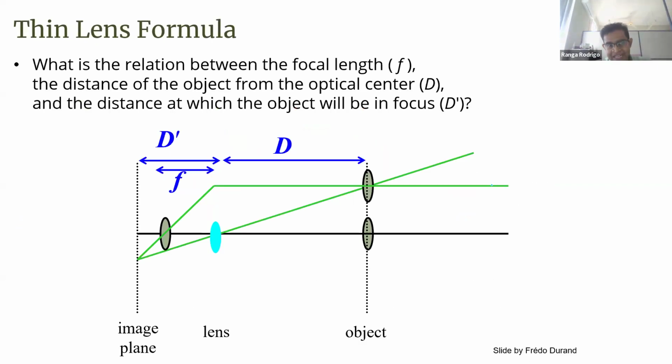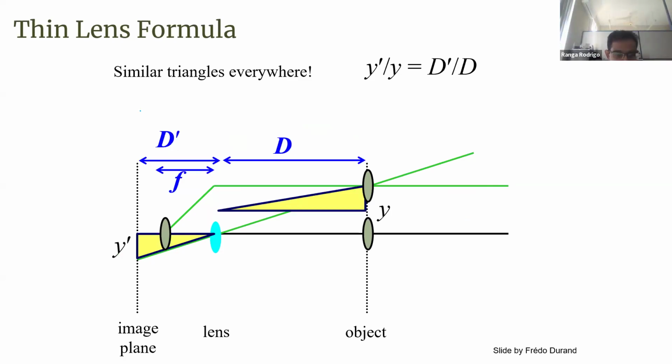Okay, let's look at the thin lens formula, which we have studied in O levels. What is the relation between the focal length, the distance of the object from the optical center, and the distance at which the object will be in focus? So we can look at the similar triangles for this. If you take these two triangles, this is y prime, and let's call this y, and this distance is d, this distance is d prime.